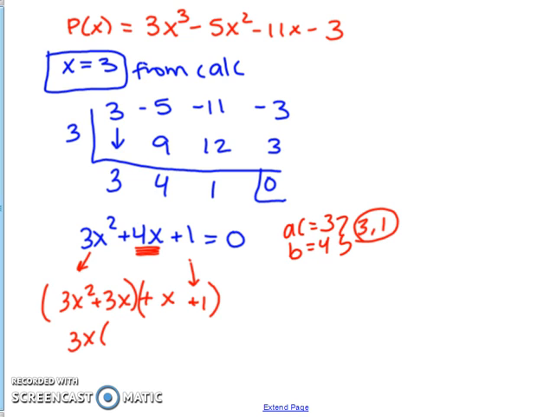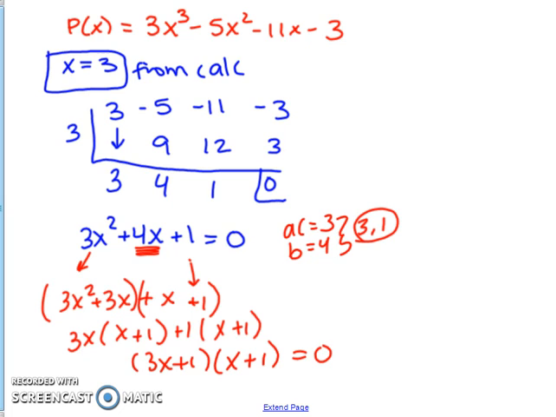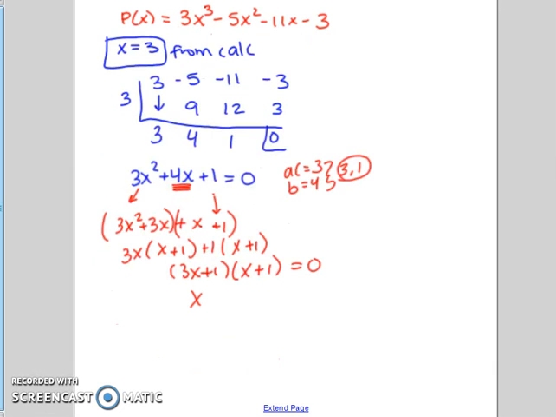I'm left with x plus 1. I can then take out a GCF of 1 here, and I'm left with x plus 1. So I have 3x plus 1 and x plus 1 equals 0. So when we go to solve this, x equals negative 1/3 is one answer, and x equals negative 1 is another one. Also, x equals 3 from the calculator.